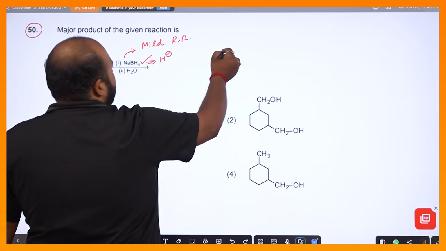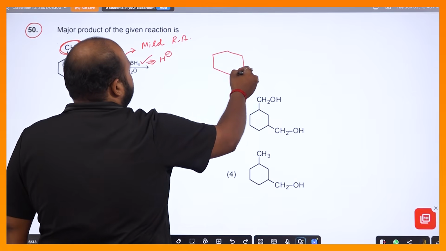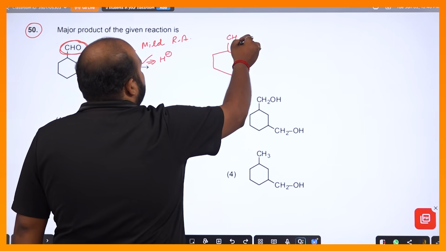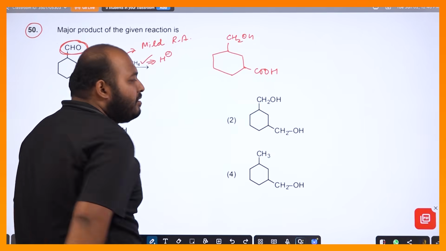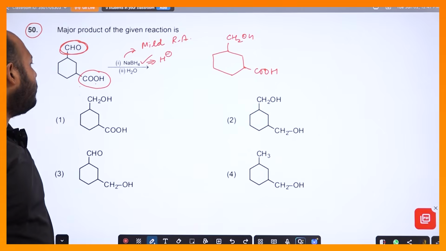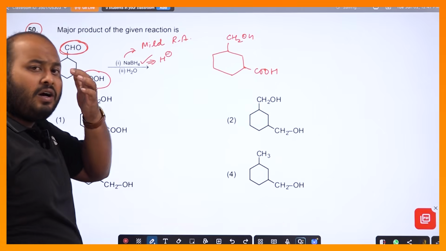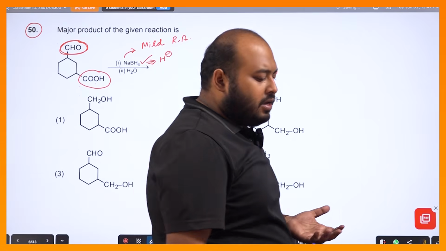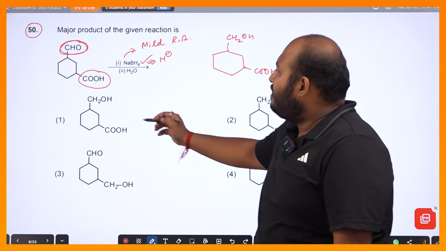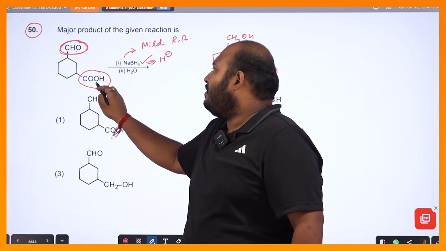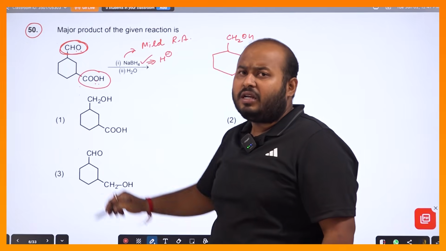So the product we can get here is CH2OH, and the carboxylic acid part will remain untouched. Suppose any other reagent like lithium aluminum hydride was used in this case, both of them could easily be reduced.